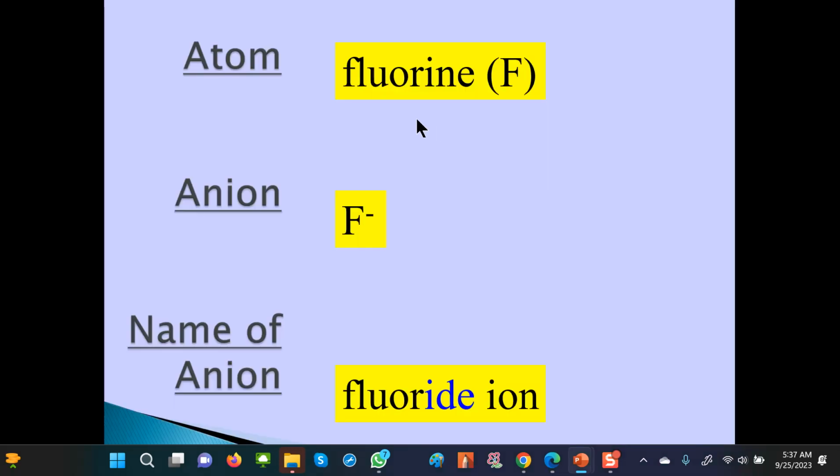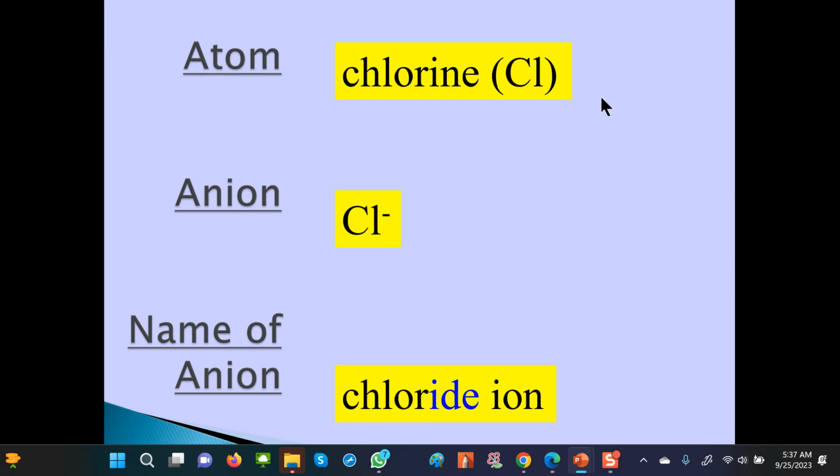For example, the ion that is formed from the element fluorine is called the fluoride ion. You see this part here, the stem, comes from fluorine, and then the -ide ending. That is what you're going to see in this and other examples, such as chlorine. The anion formed from the chlorine atom is called the chloride ion: the stem, chlor, from chlorine, and then -ide.